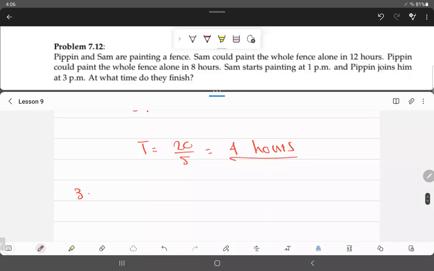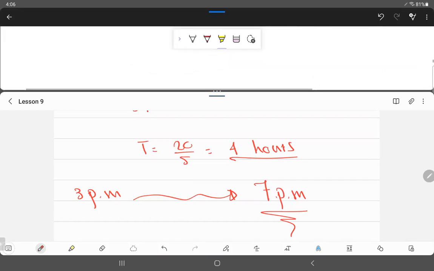So from 3 p.m., 4 hours, 7 p.m. So they will finish at 7 p.m. Right? Is it clear? Questions? Okay, good.